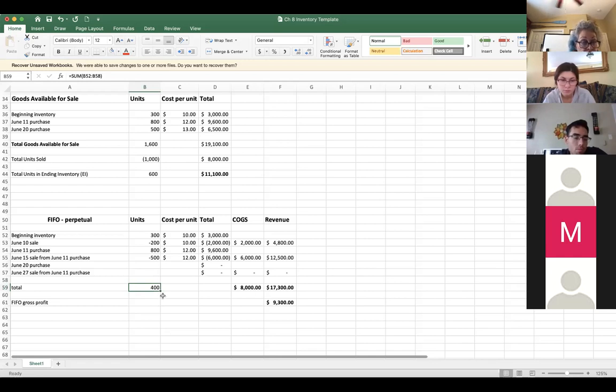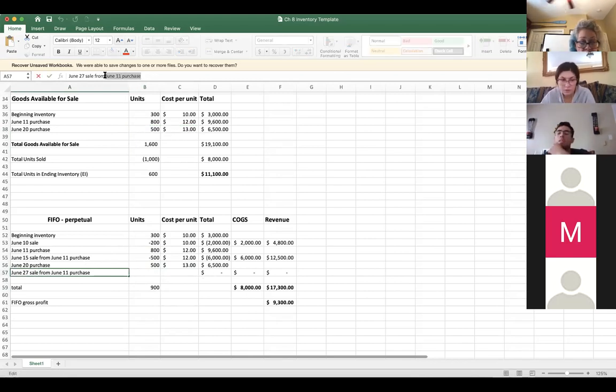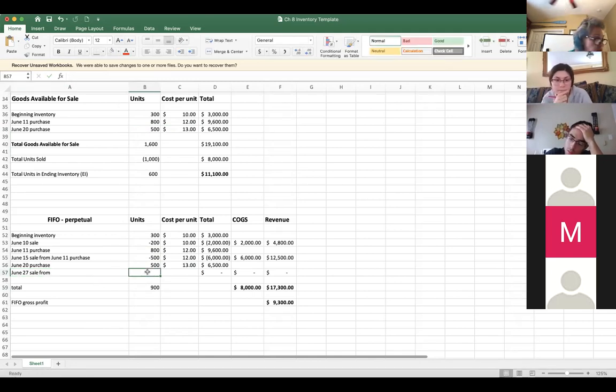Okay, good. So then on June 20th, I purchased 500 units at $13 a share. And on June 27th, I sold 300 units. And where are they going to come from?